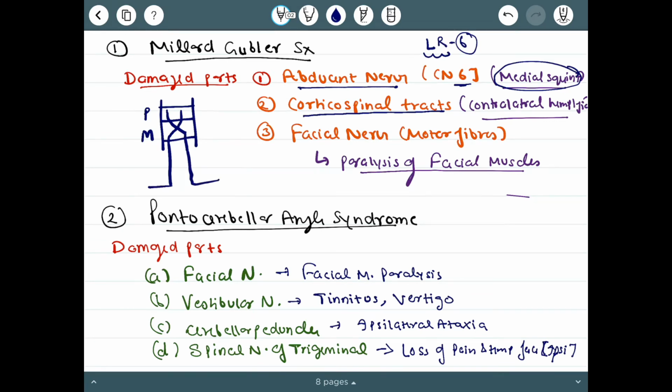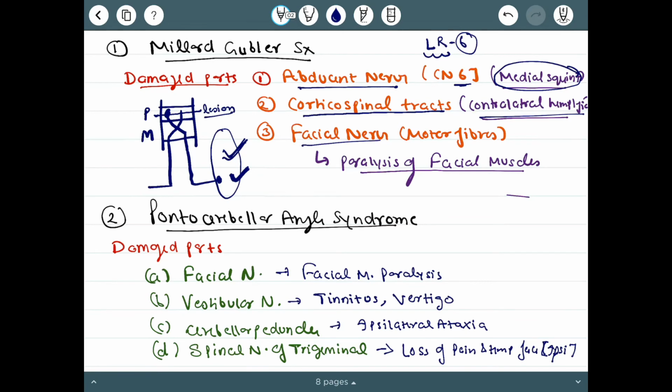So if we have our lesion here, the contralateral part will be affected. If this part is affected, then this part of the body will be gone. So this is contralateral hemiplegia, that is, paralysis of the opposite side of muscles. Contralateral hemiplegia will occur.